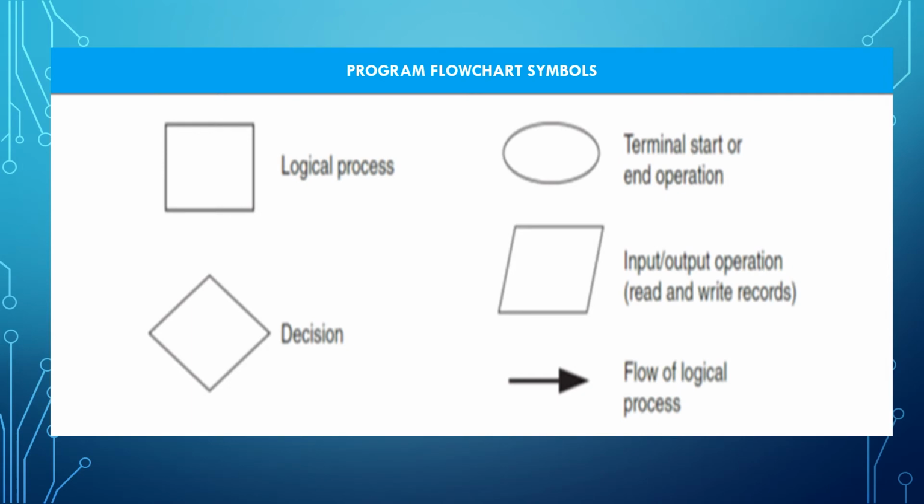So these are the symbols used for the program flowchart. Logic process; decision, this diamond shape is for decision; input or output operation; and terminal, starting or ending. It is quite the same as the entity planning process, business process.